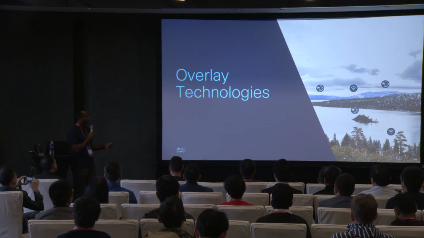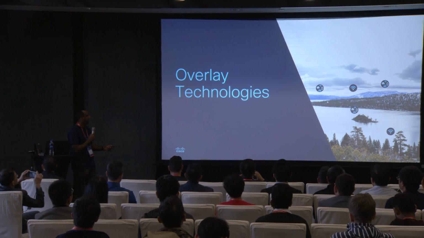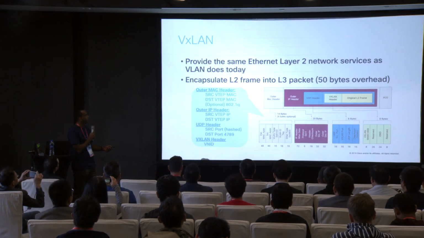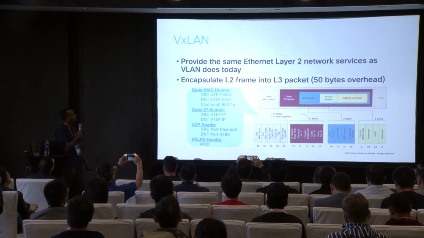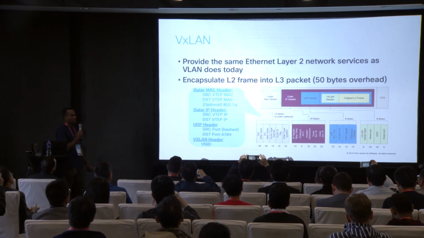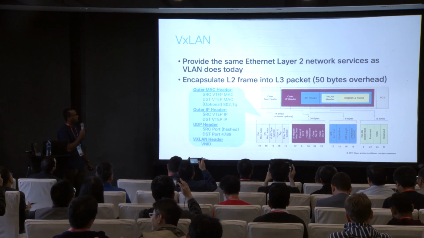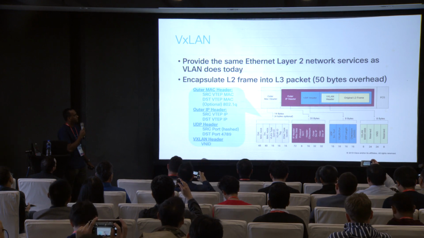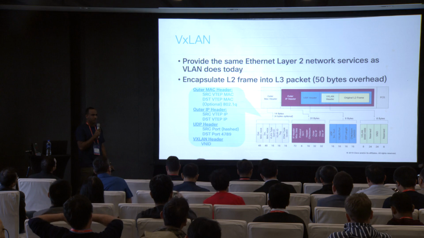With that background, let's take a closer look at what these overlay technologies can offer to us, and then let's compare them with each other. So first in the list is VxLAN. With the growing server virtualization market, and a lot of things happening in cloud computing, the demands on the physical infrastructure have grown tremendously.